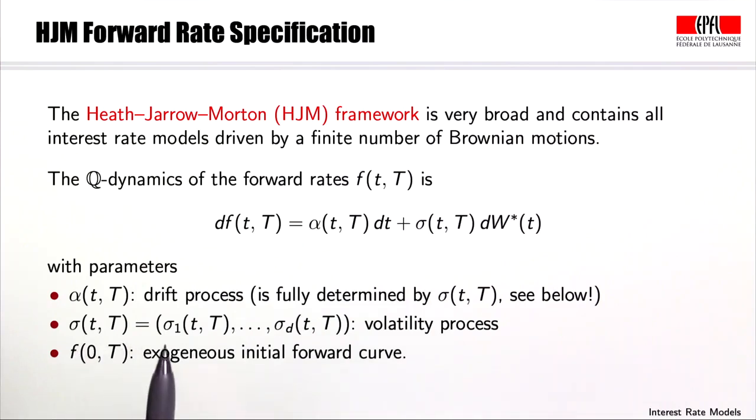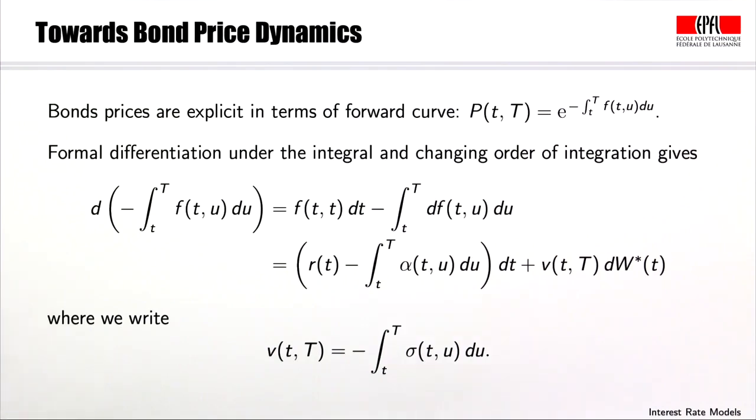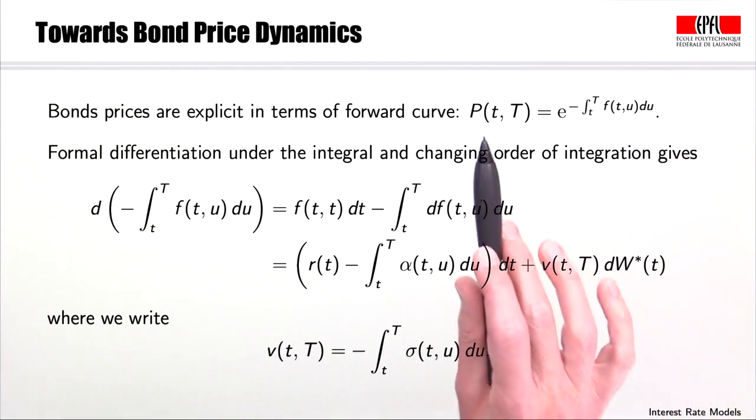Keep in mind that sigma is now a vector-valued process. We stack the d components sigma 1 up to sigma d into this row vector that we call sigma. We are also given as an exogenous parameter an initial forward curve, f0 capital T. Bond prices are explicit in terms of the forward curve.